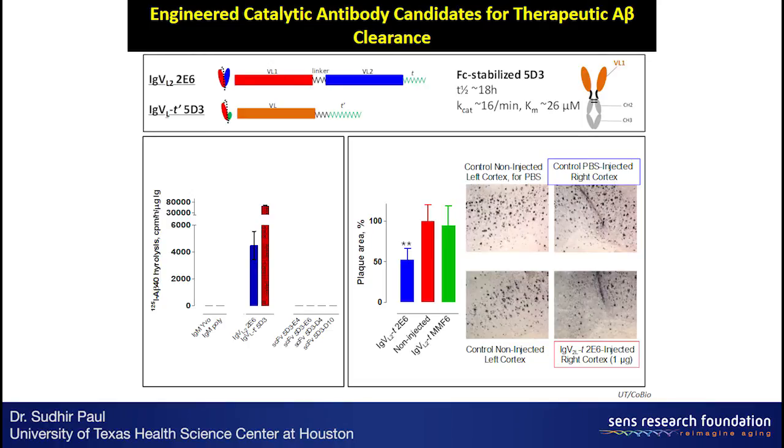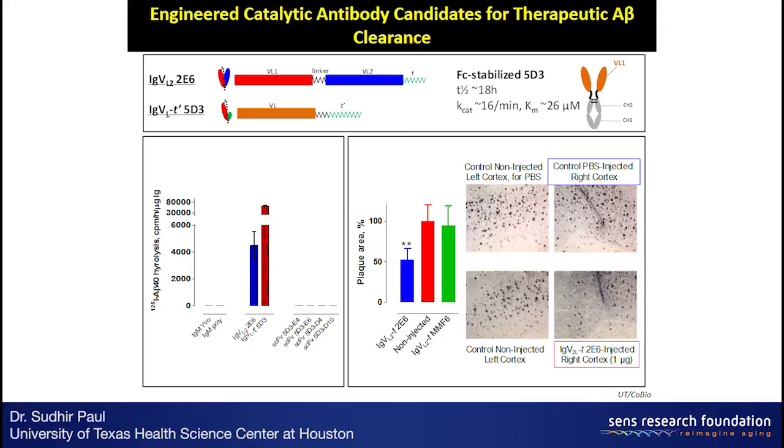So this Fc stabilized antibody fragment shows an impressive turnover, being the number of amyloid beta peptide molecules that are broken by the catalyst per minute, and it has a reasonable Km, which is an indicator of the non-covalent binding affinity.